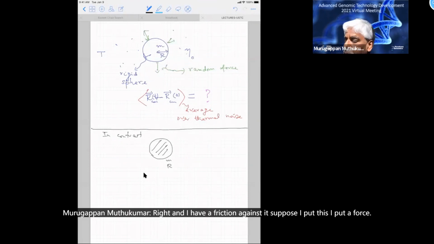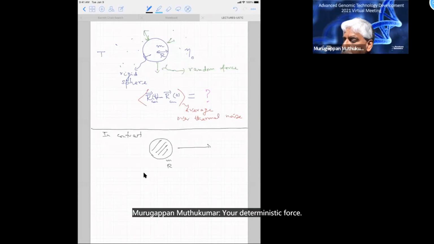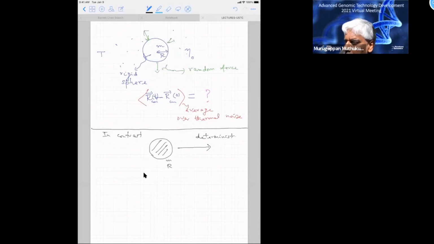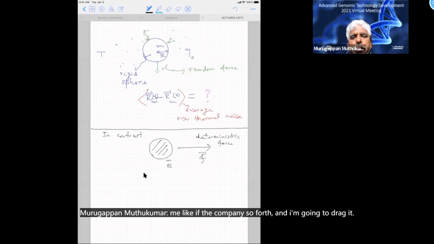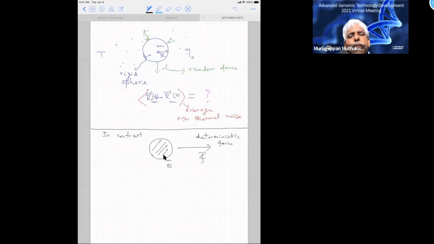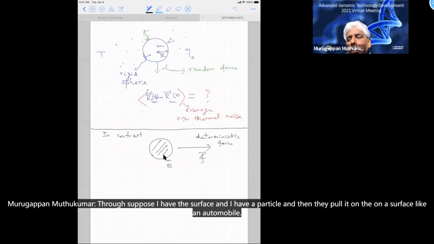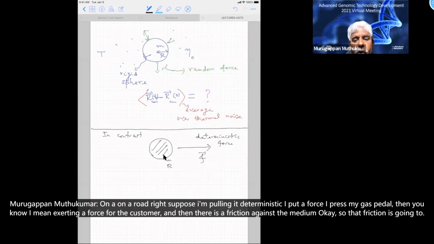Suppose I put a force, a deterministic force. Let me write F, deterministic force, and I'm going to drag it. Suppose I have a surface and I have a particle, and then I pull it on a surface, like an automobile on a road, right?